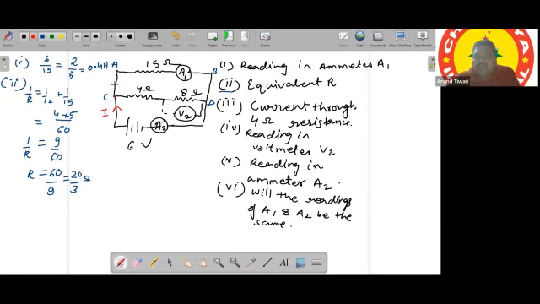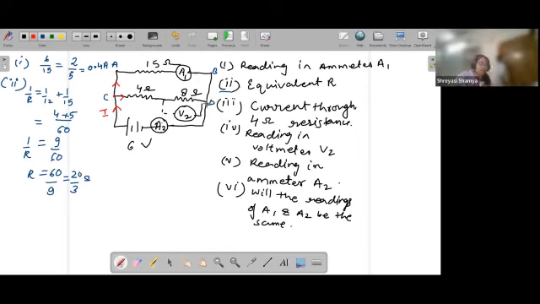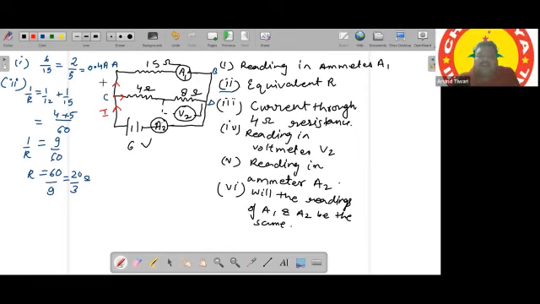Some part passes through the branch AB and some part passes through the branch CD. As current is the rate of flow of charges, suppose 10 electrons are coming, and out of them 6 electrons move through branch AB, then 4 electrons will move through branch CD. So they will have different currents: here some current I1 and here some current I2.